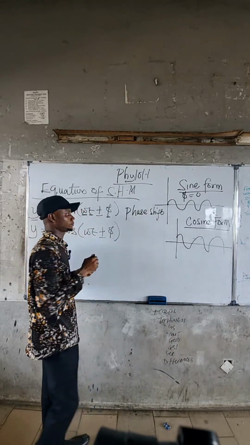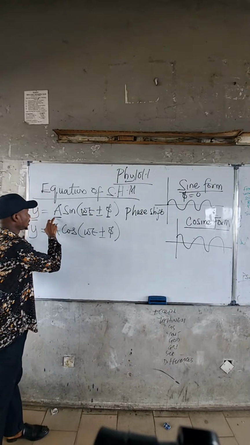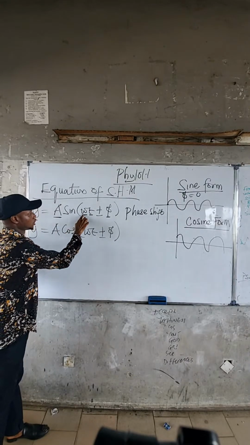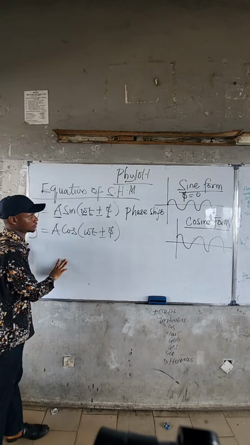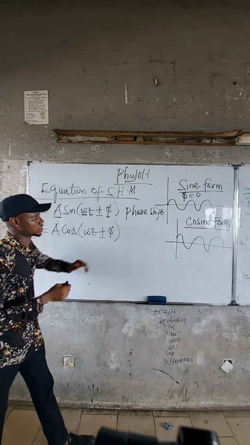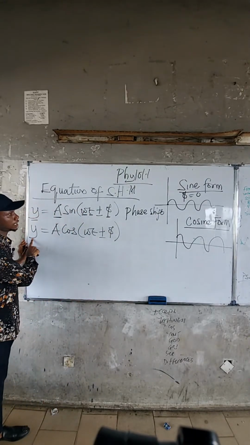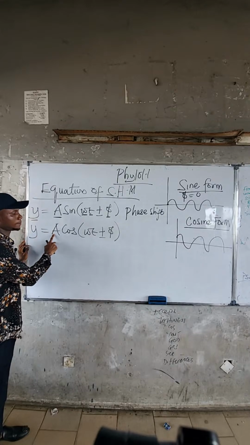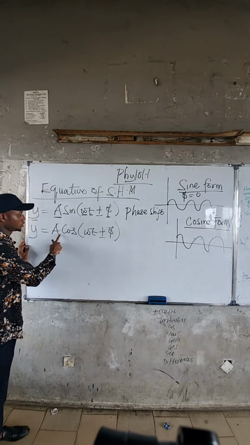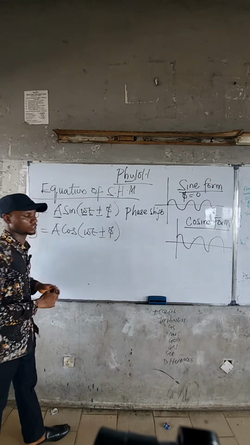Please take note, okay? y represents displacement, A is amplitude, omega is angular frequency, t represents time, phi represents phase shift. Now, class, y is displacement, this is the maximum displacement, which is amplitude, this is omega, the angular frequency, and this is the phase shift, okay?